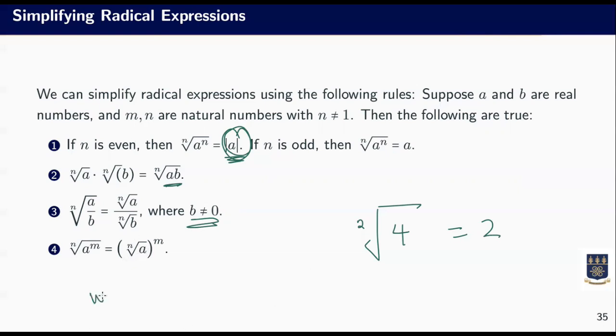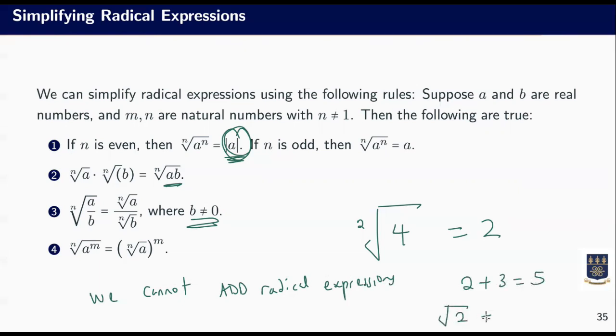Now remember, we cannot add radical expressions. I know 2 plus 3 is 5. But the square root of 2 plus the square root of 3 does not equal the square root of 5 because the square root is not linear.